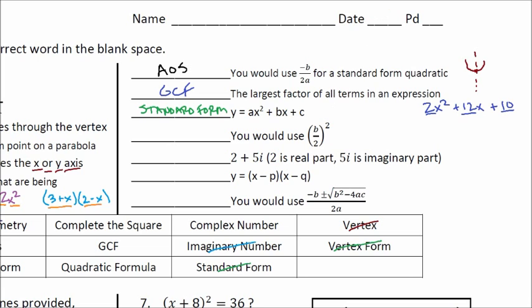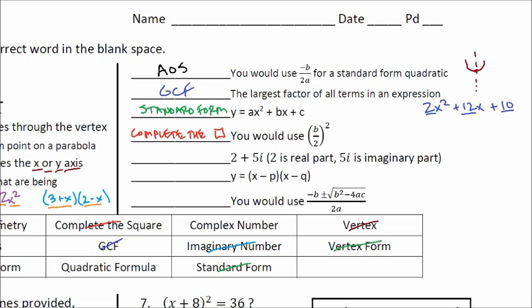So you would use b over 2 squared to complete the square. I'll just put a square there so I don't have to write out the word square. Oops, I forgot to cross off GCF. Let's do that. Oops, wrong color. Let's try it again.